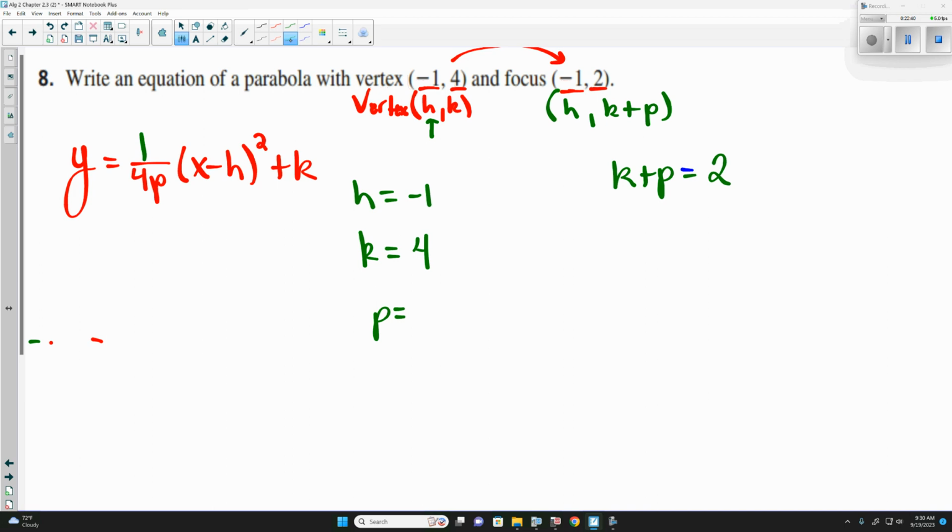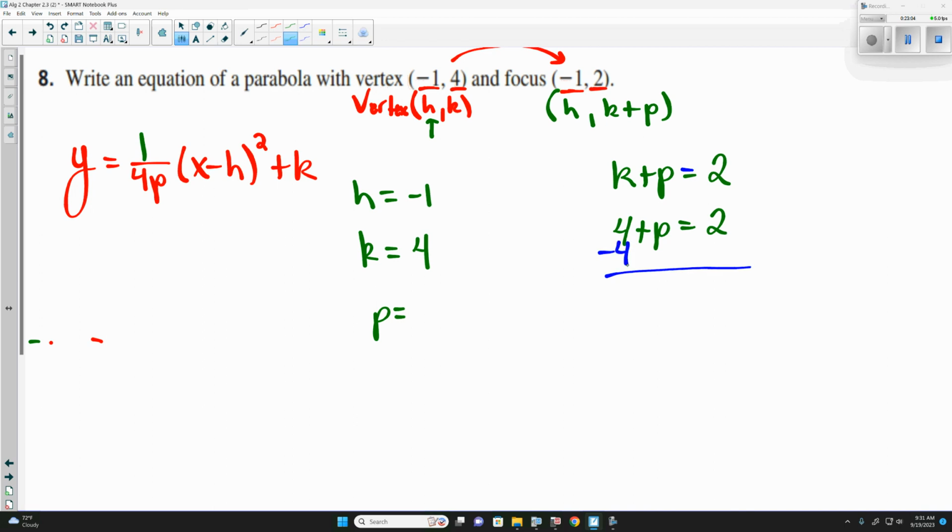Well, what is the value of k? So 4 plus p gives us 2. Yes. Because how do we go from 4 to 2? We decrease by a value of 2.